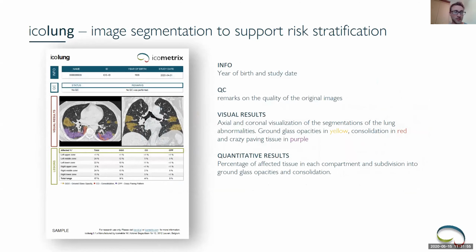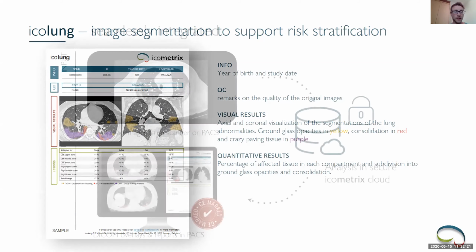Zooming in a little bit on the quantitative report, it contains some basic information on the patient, also some status on the quality, some visual results where you see the ground glass opacities in yellow, the consolidations in red, and the crazy paving patterns in purple. And then finally, the quantitative results, as you have also seen in the presentation of Professor De Mey.